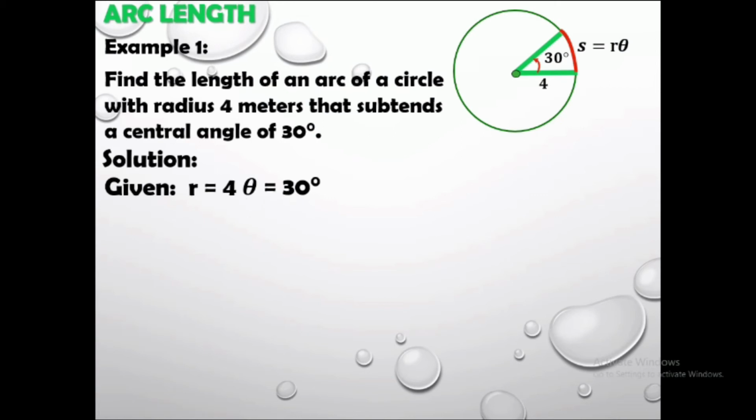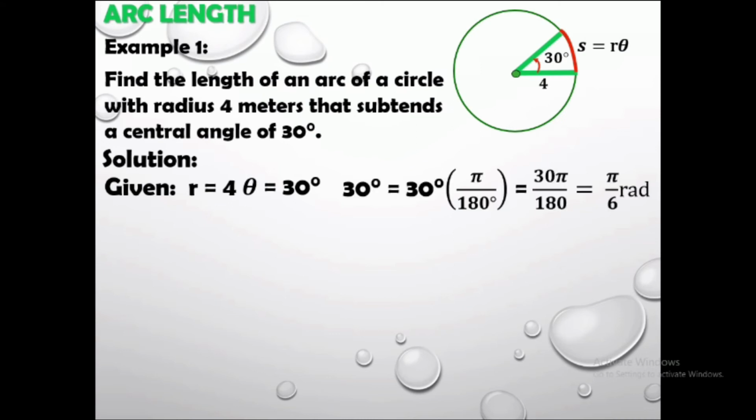Since the given central angle is in degrees, we have to convert it into radian measure. So that is 30 degrees multiplied by pi over 180 degrees. So the result is pi over 6 radians. So yung theta natin, naka-convert na siya sa radians.